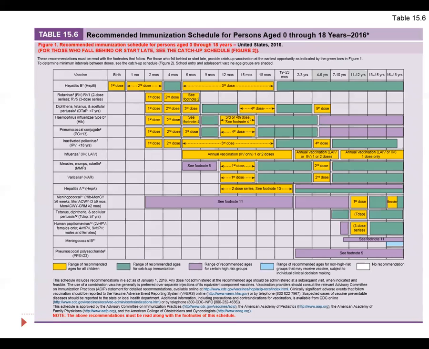Their beginning vaccinations are going to include things like hepatitis B, rotavirus, diphtheria, pertussis, and tetanus, the Hib vaccine, pneumococcal vaccine, polio vaccine, flu vaccine, MMR vaccine, chickenpox vaccine, and hepatitis A vaccine.